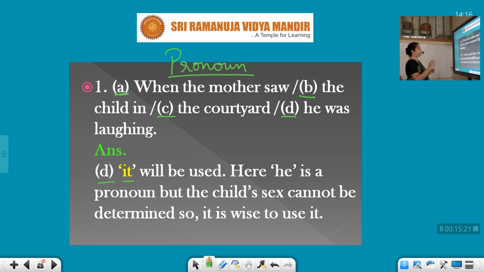So you will see, when the mother saw, okay, there is no personal pronoun over here. When the mother saw: the mother is the noun, saw is the verb, the child is a noun, in is a preposition, the courtyard is a noun, he, this is the pronoun.